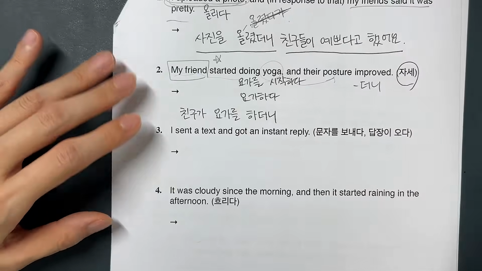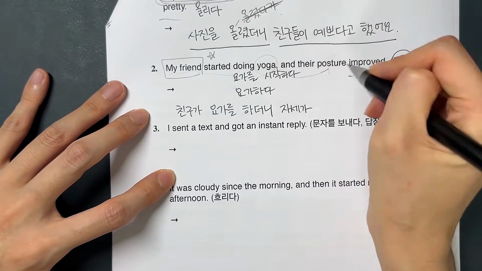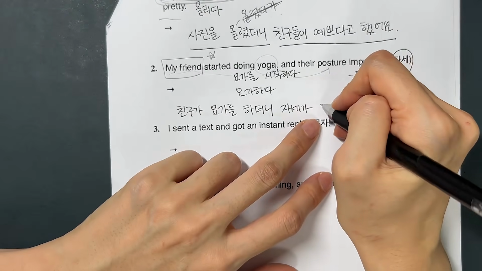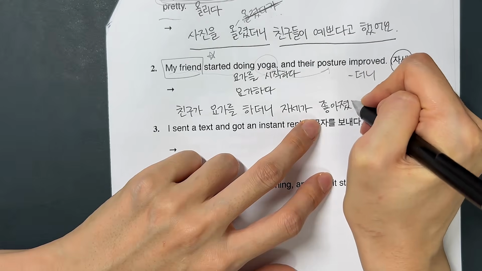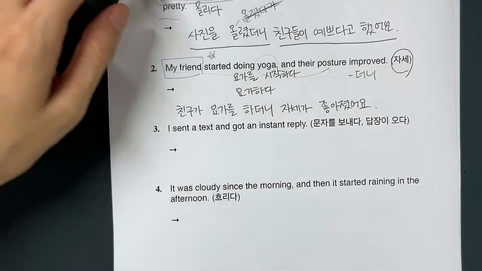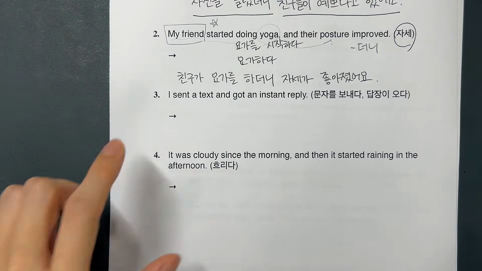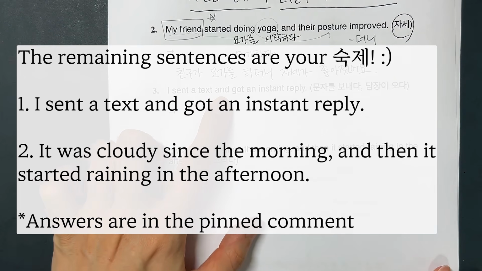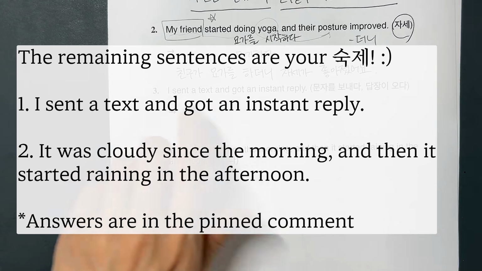So 자세 means posture. 자세가 improved, as in it got better. So 좋아졌어요. Using the verb 좋아지다 would sound natural. 자세가 좋아졌어요. And for the remaining two sentences, make sure you try them yourself and leave your answers in the comment section. And I will have the model answer up in the pinned comment.